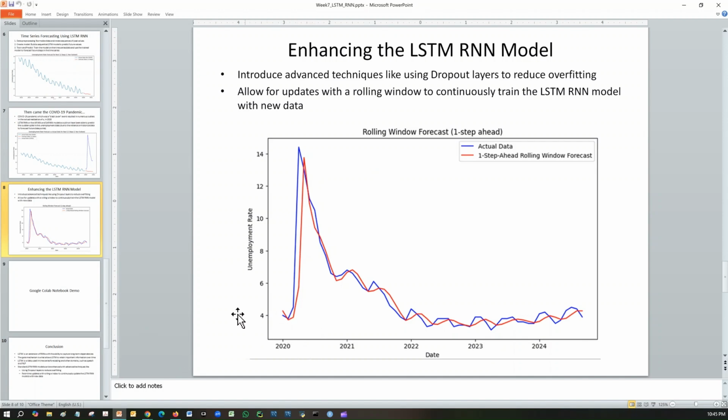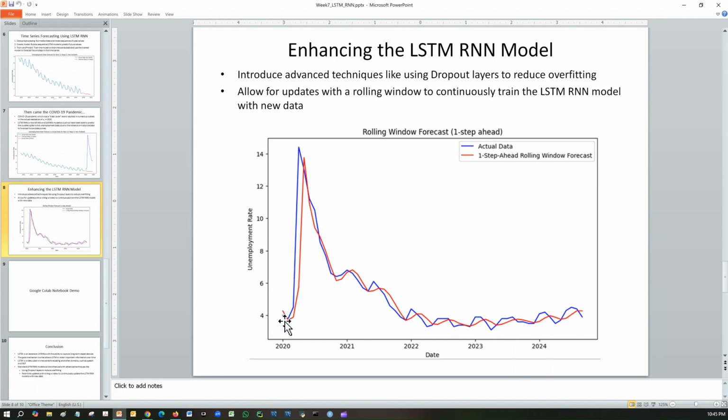I actually used 12 data points going back to January of 2019 to do the training and to forecast just one time step ahead, which is the red line here. The forecast using the training data is about 4.1, 4.2%, represented by the red line here in January of 2020. Then when the actual data, represented by the bright blue line, came in, it was 4%. So pretty close to each other.